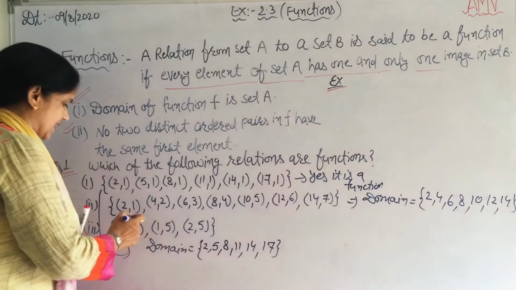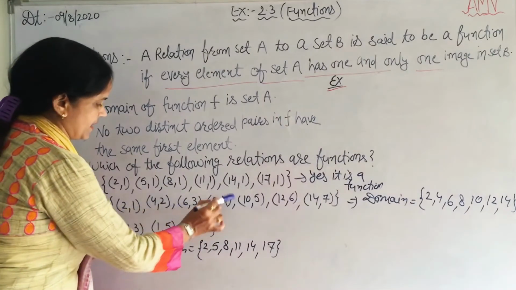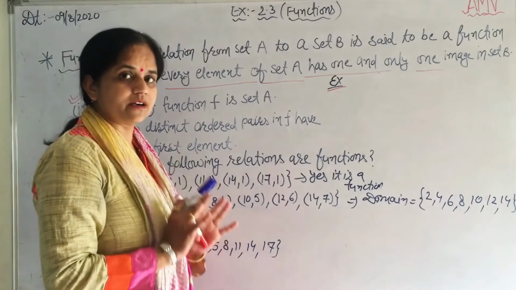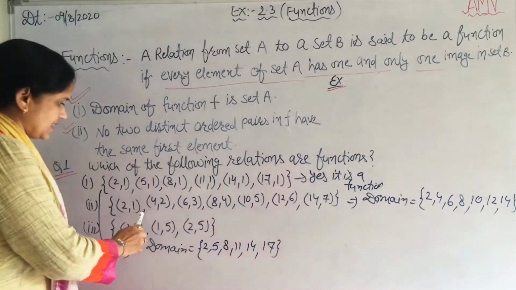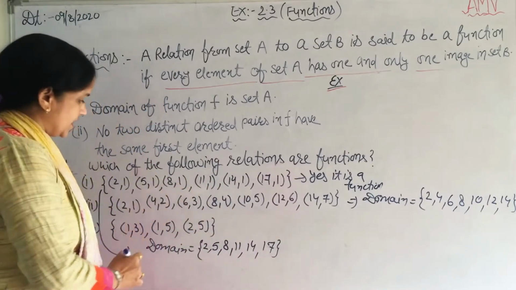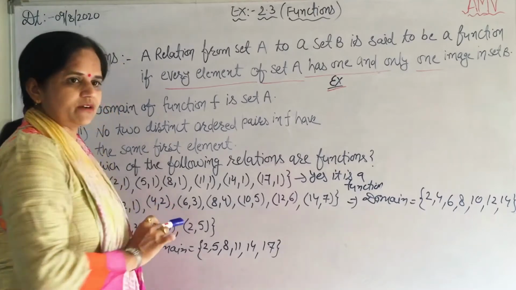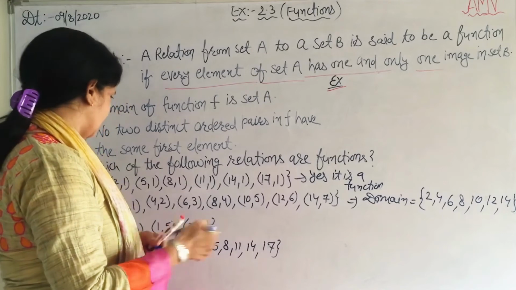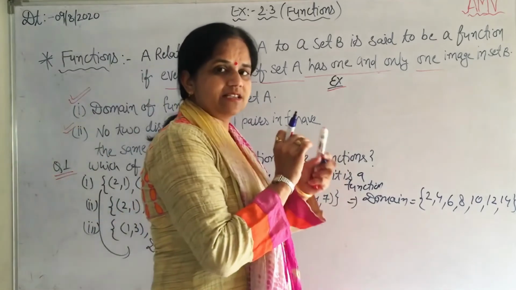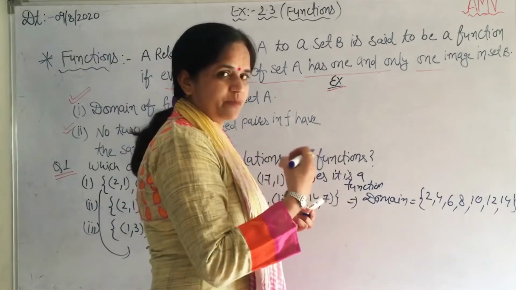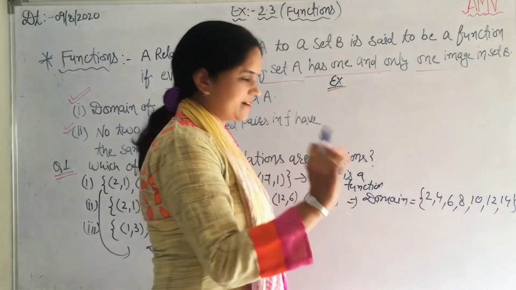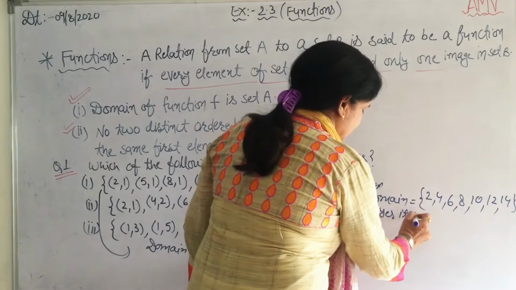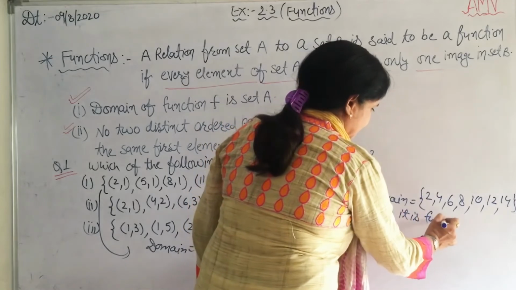But we can say that these are distinct elements of the ordered pairs having distinct images, and no first element of an ordered pair is repeated here. So you have to write this statement. I am speaking but you have to write. So for this, yes, it is a function.